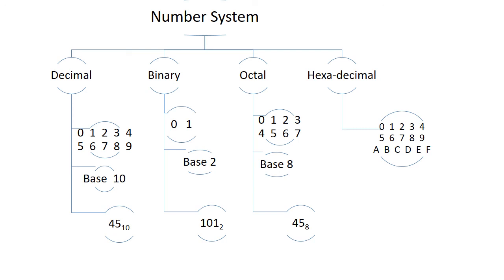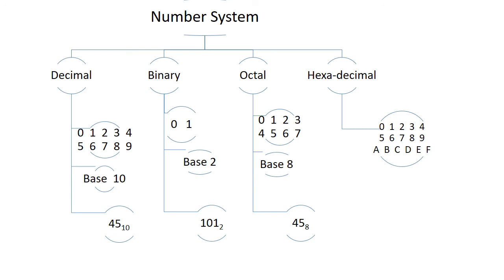So 0 to 9 are numbers and A to F are symbols. We don't call them characters; they are just symbols to represent the decimal values 10, 11, 12, 13, 14 and 15.